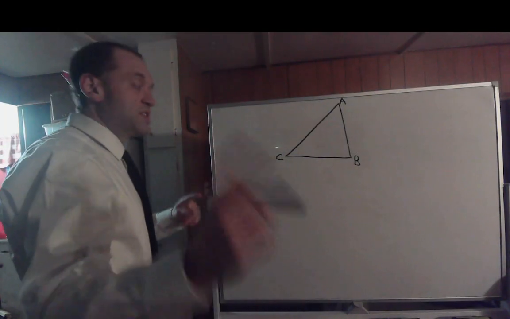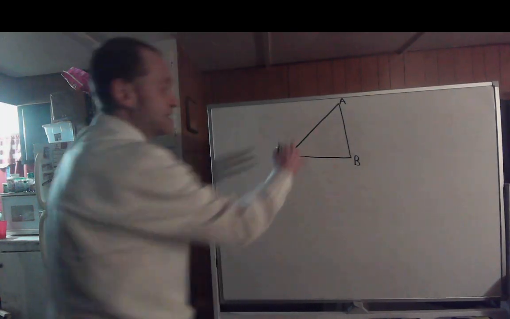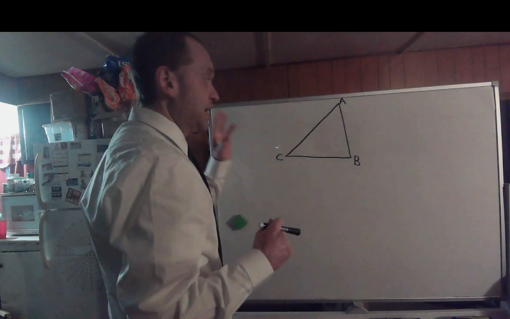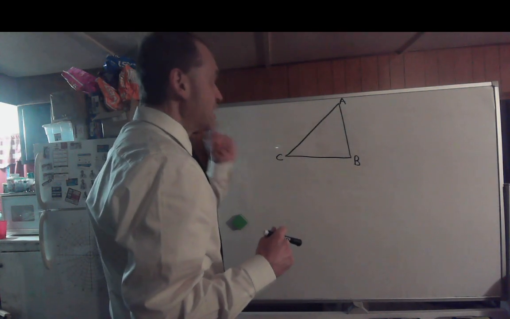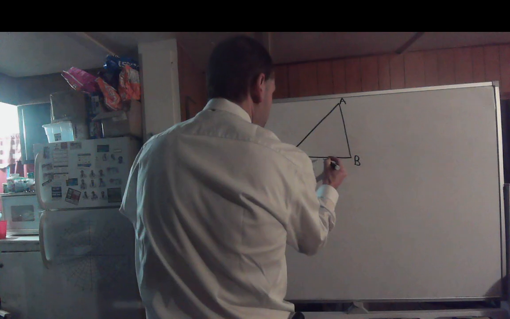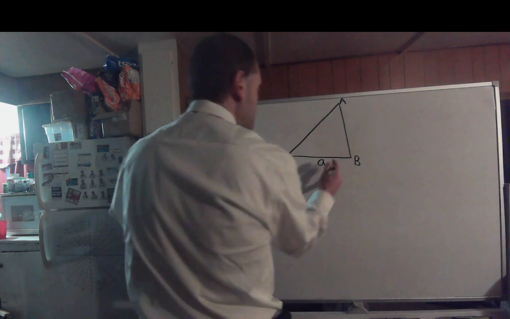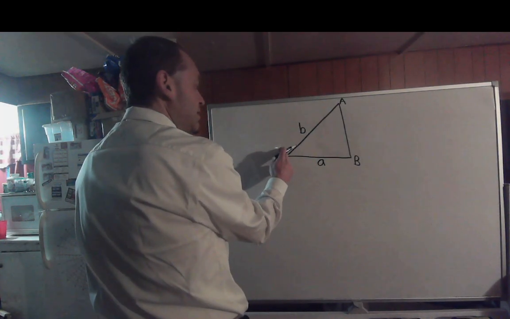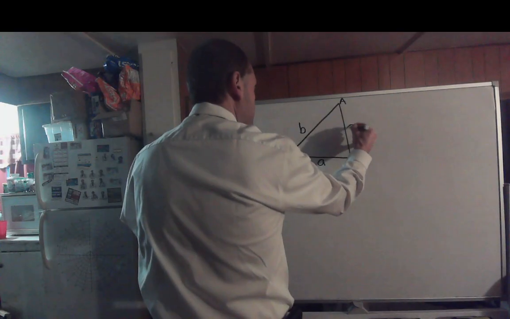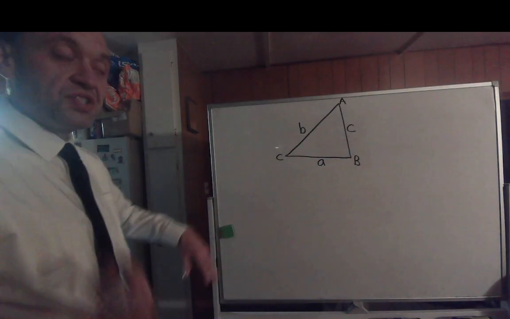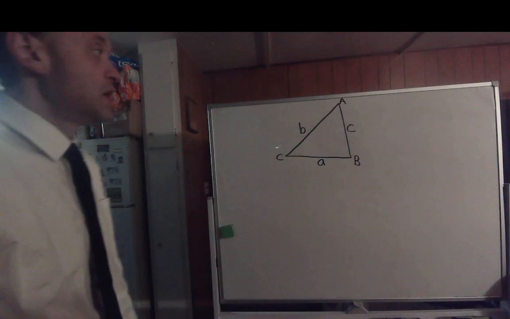Where they make the mistake is then they take this as side A, this is side B, or this is side C. That's not how that works. The side opposite angle A would be side A. The side opposite angle B would be side B. The side opposite angle C would be side C. You want to label your sides properly, because otherwise you're going to get skewed and wrong answers.